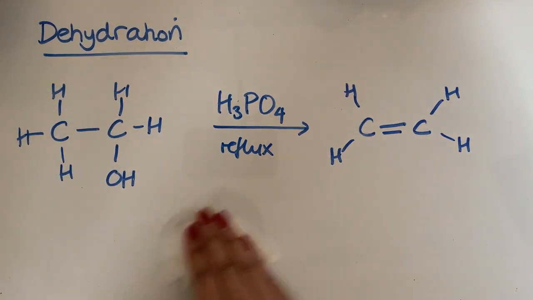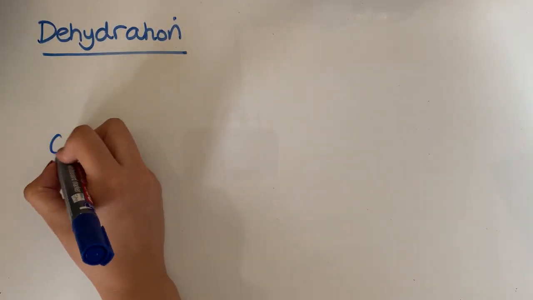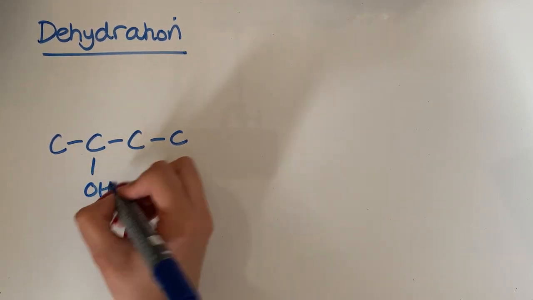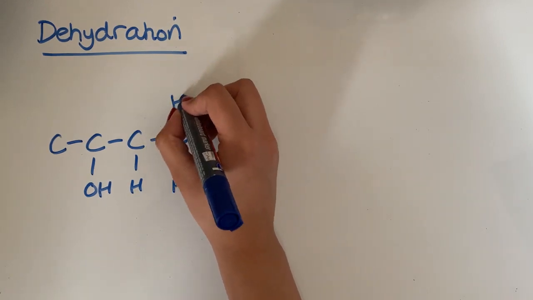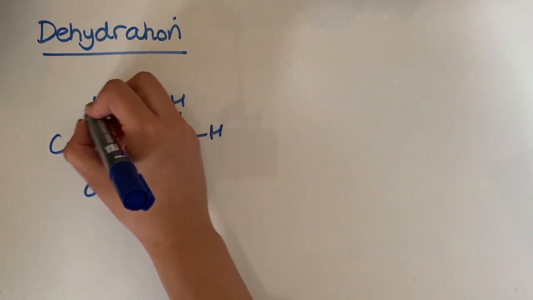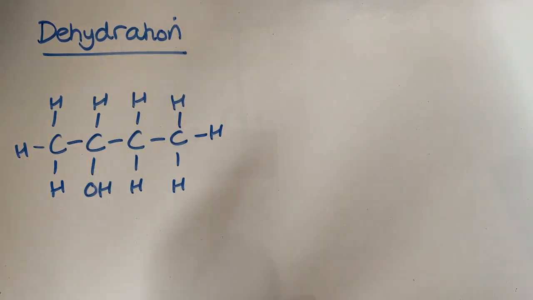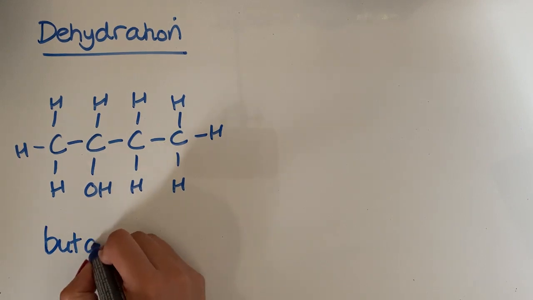One thing that's worth noting about this reaction, the dehydration reaction, is which hydrogen we're going to take off. So I'm just going to draw a molecule. This molecule here, 4 carbons in a chain, OH coming off of 2, so this is butan-2-ol.